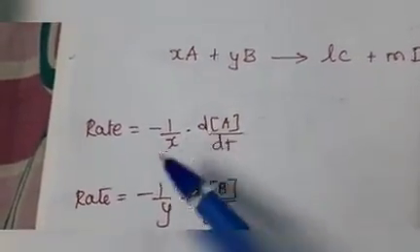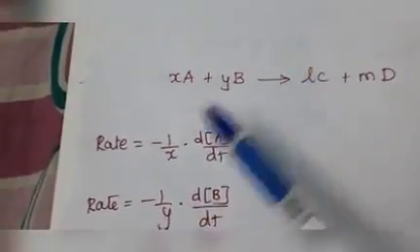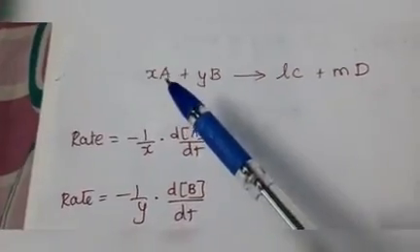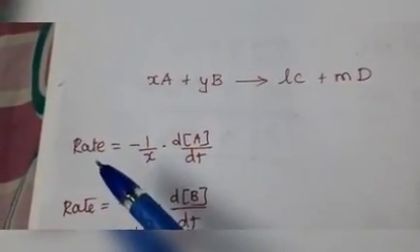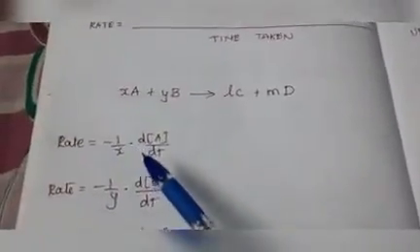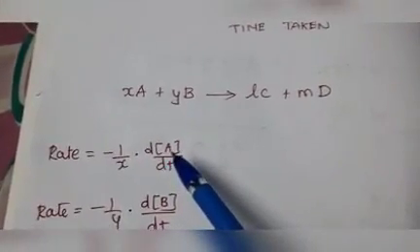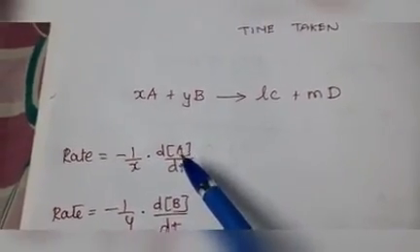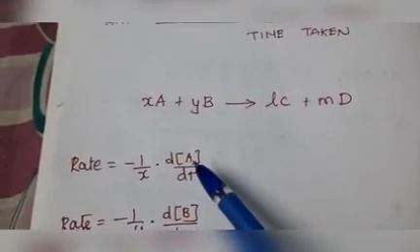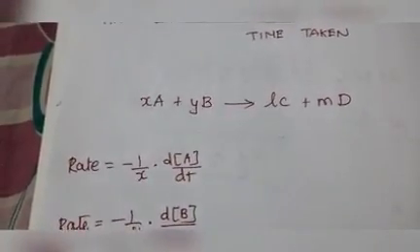For this reaction we are going to write the rate of the reaction in terms of A. Already you know the formula for rate: change in concentration of the reactant or product. Here we are going to write in terms of reactant A only. Change means difference, change in concentration of the reactant divided by time taken.